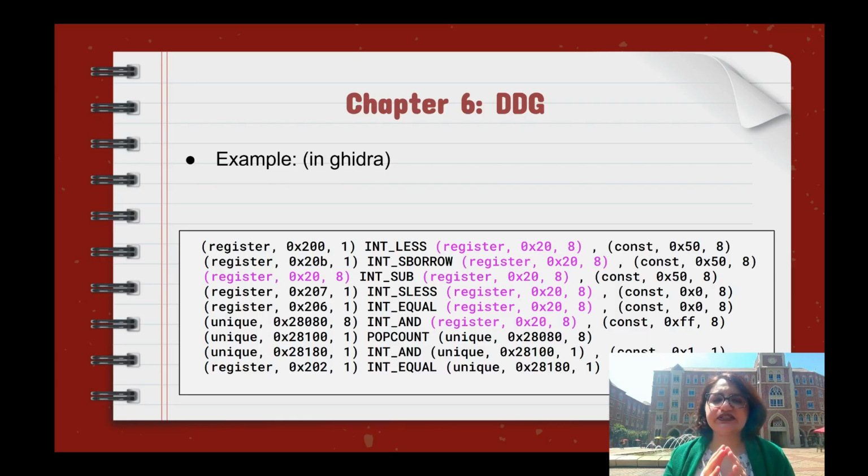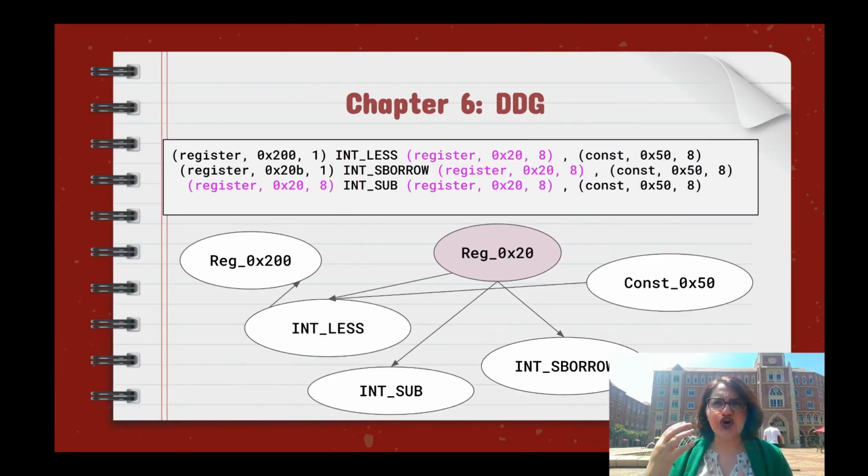Now I have some P-code IRs in this example, and you can see that register 0x20 exists in multiple IR statements. This redundancy shows a data flow between these P-code IRs. In the next slide, I tried to create part of a graph to show how it can look.